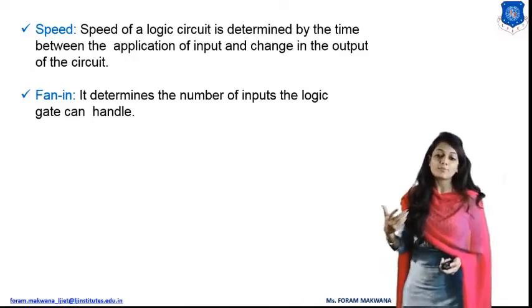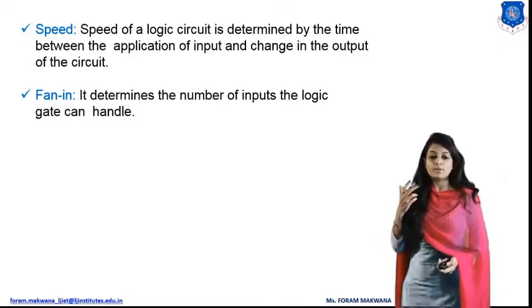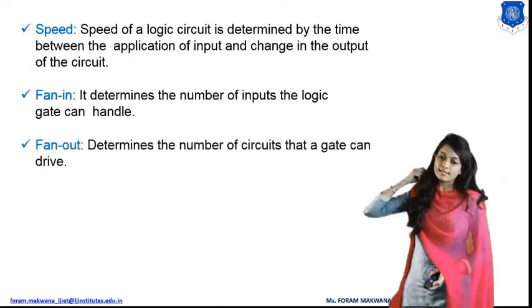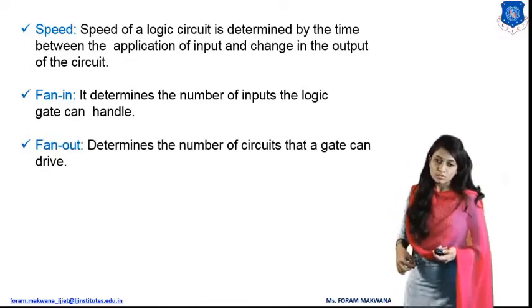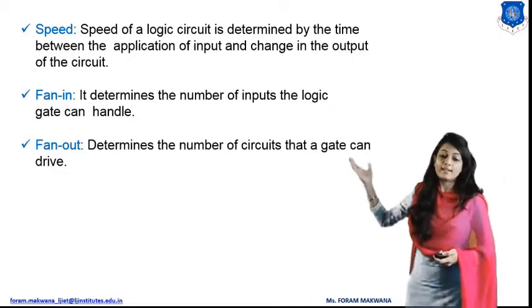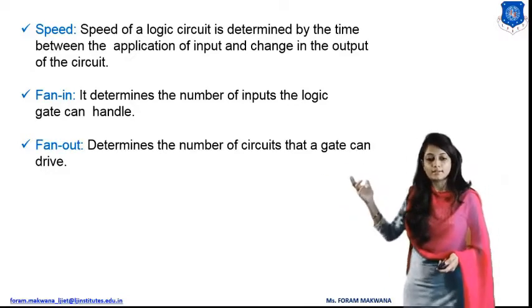That is how many inputs my logic gate is going to handle. Third is fan out. It determines the number of circuits that a gate can drive, that is, how many circuits are going to be driven with the help of that gate.